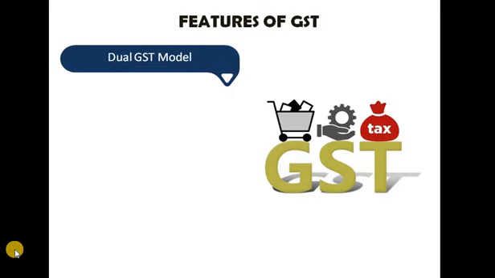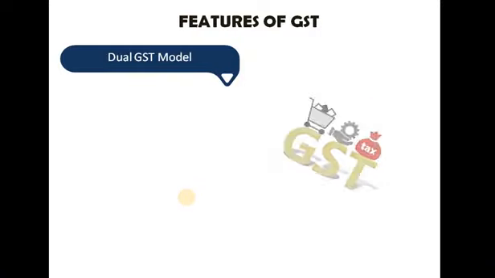In our country, we have adopted dual GST where the tax will be levied by both the union as well as the state, and whatever revenue is generated by the state will be utilized for the development of the state, and the revenue collected by the central will be utilized by the central for the development of the overall country.